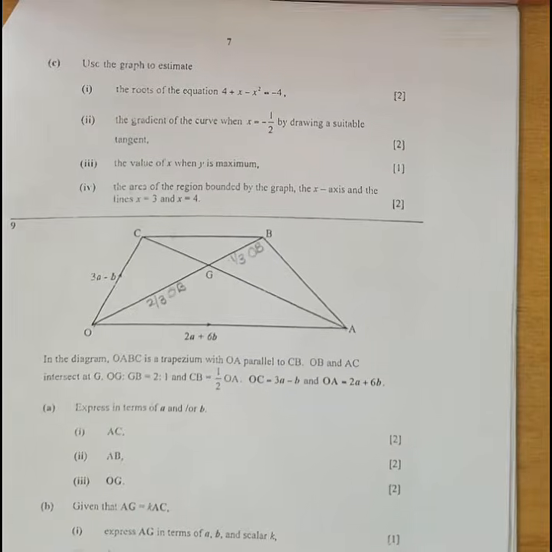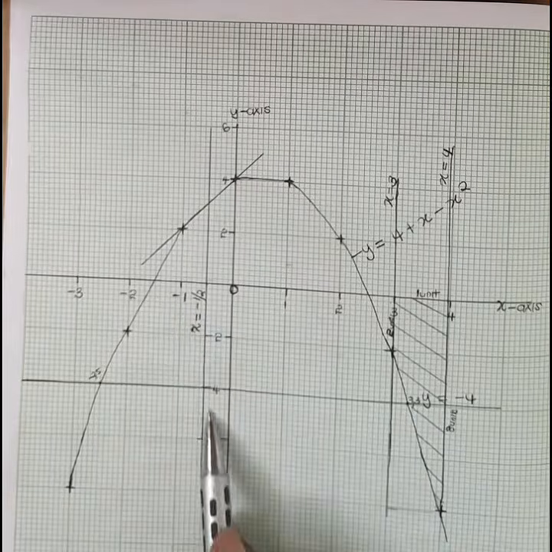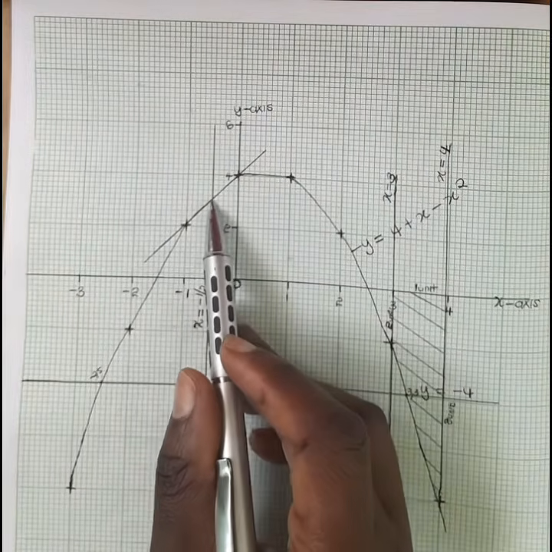Let me show you again how to calculate the gradient of the curve when x is equal to negative half by drawing a suitable tangent. This question was in November 2007. This is the line which we are naming x equals negative half.